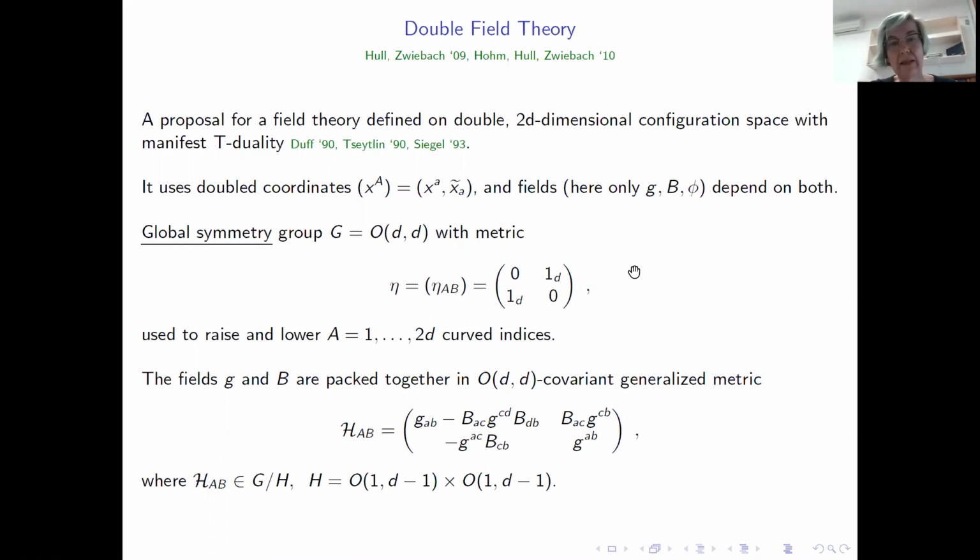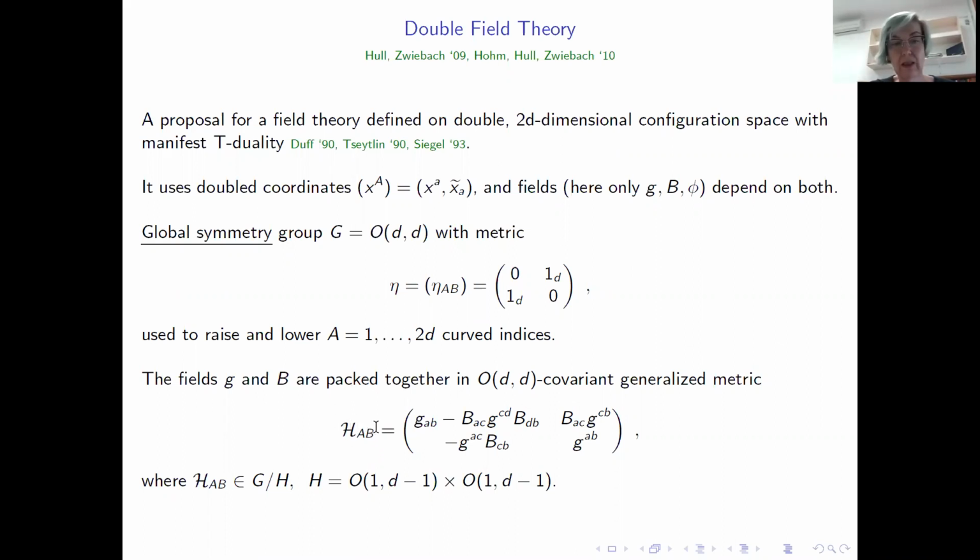The nice part of this doubling procedure is that in this setting you can nicely pack your standard string background fields, the metric and the B field, together in an O(d,d) covariant object that is called the generalized metric.